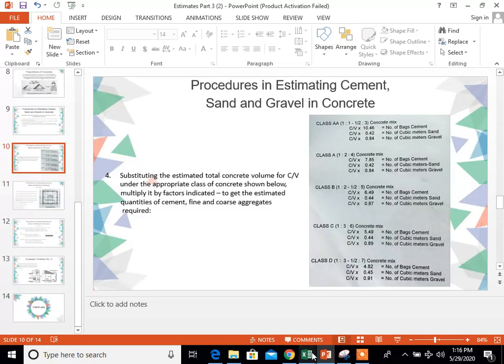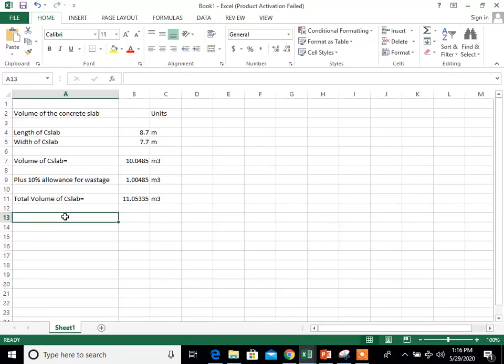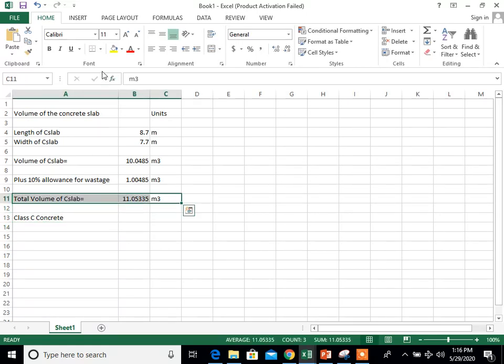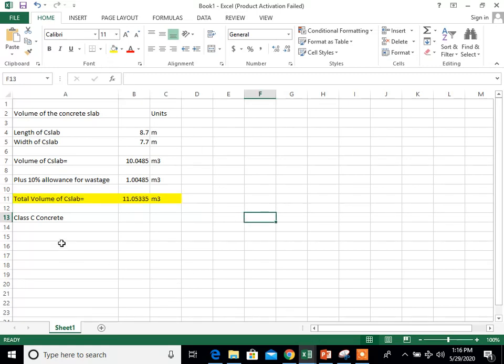Going back, for Class C concrete, the total volume is equivalent to 11.05335 cubic meters.